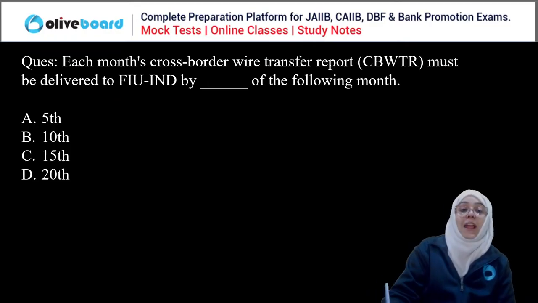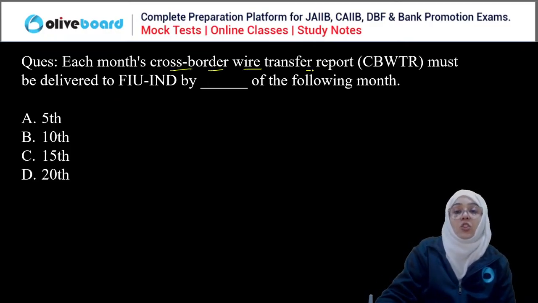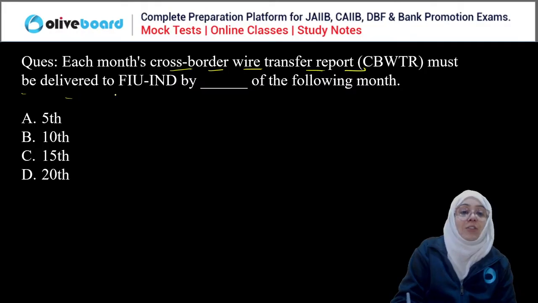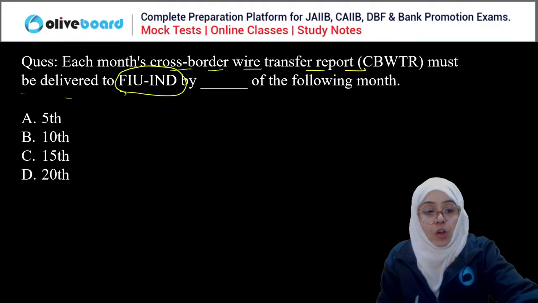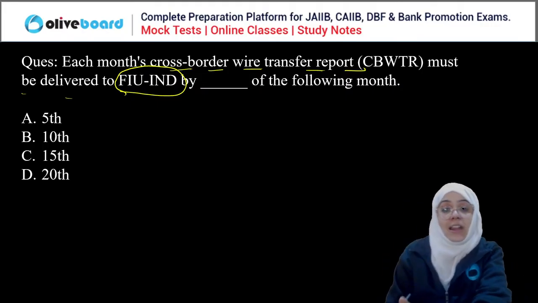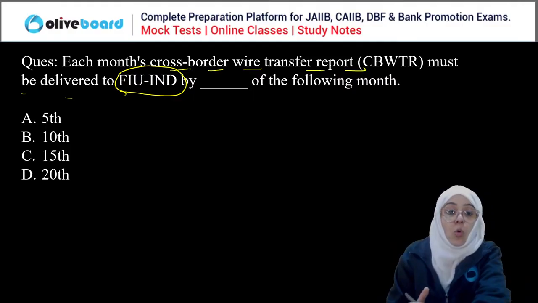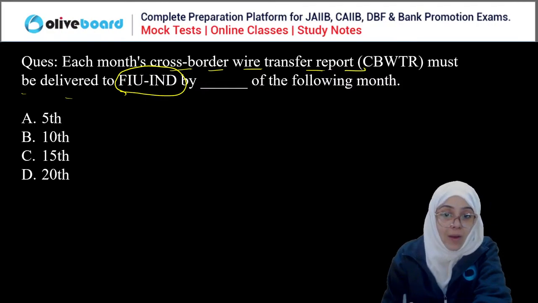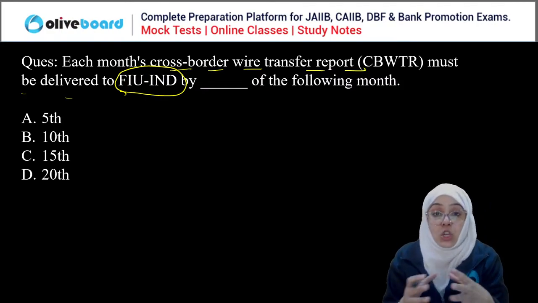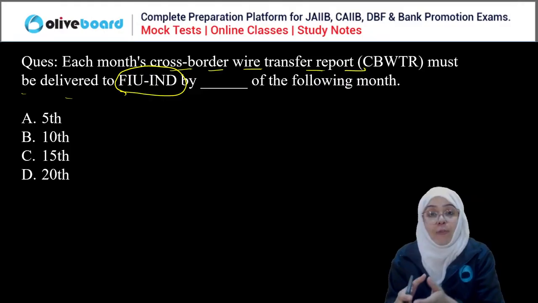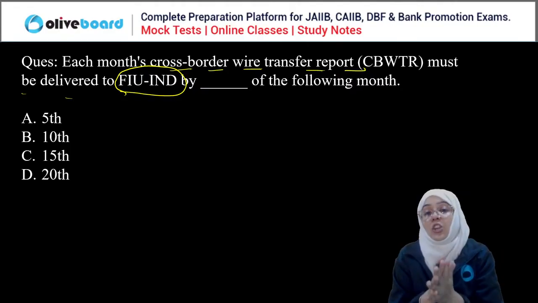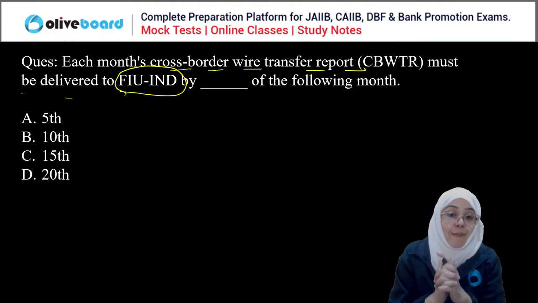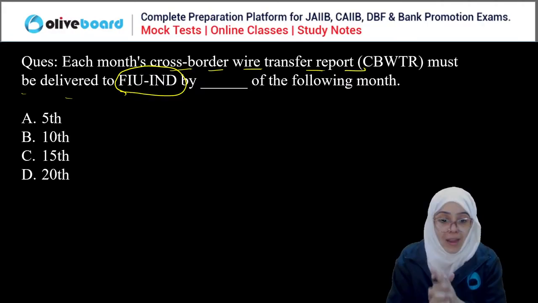Next question. Every month, the cross border wire transfer report must be delivered to the Financial Intelligence Unit India by dash of the following month. There are some transactions which need to be reported, especially if related to a cross border wire transfer, and this should be delivered to the Financial Intelligence Unit India by the 15th of the following month.